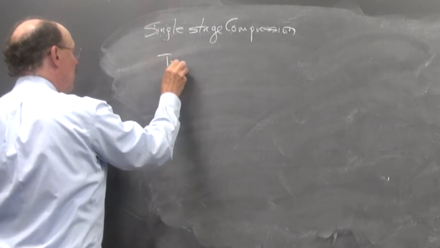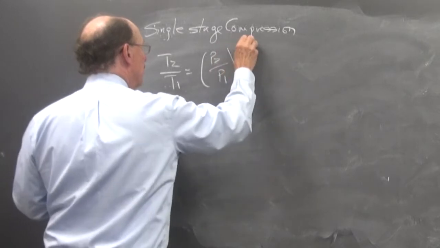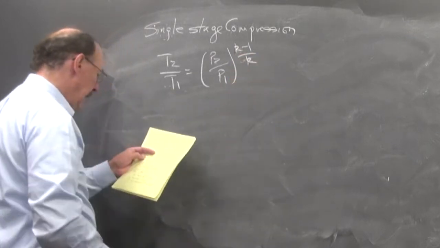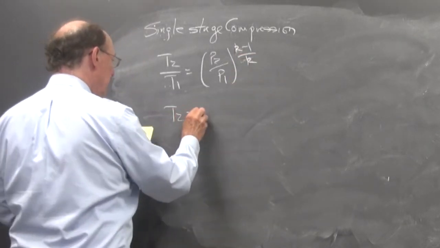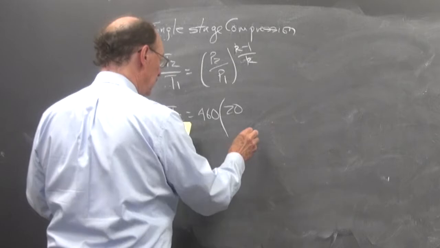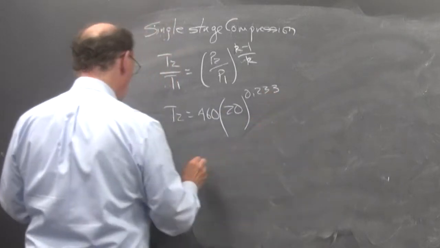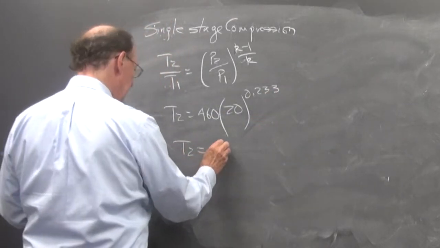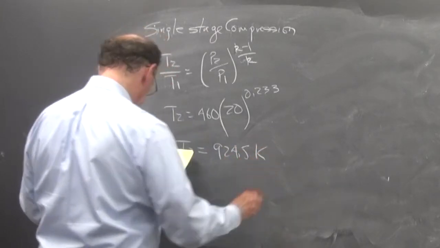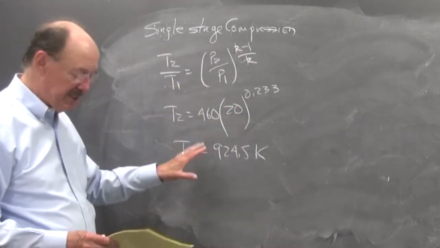So I'd have the T2 over T1 is P2 over P1 to the N minus 1 over N, or K minus 1 over K. And so I'd have T2 is equal to 460 times 20 to the 0.233, or T2 is equal to 924.5 degrees Rankine.